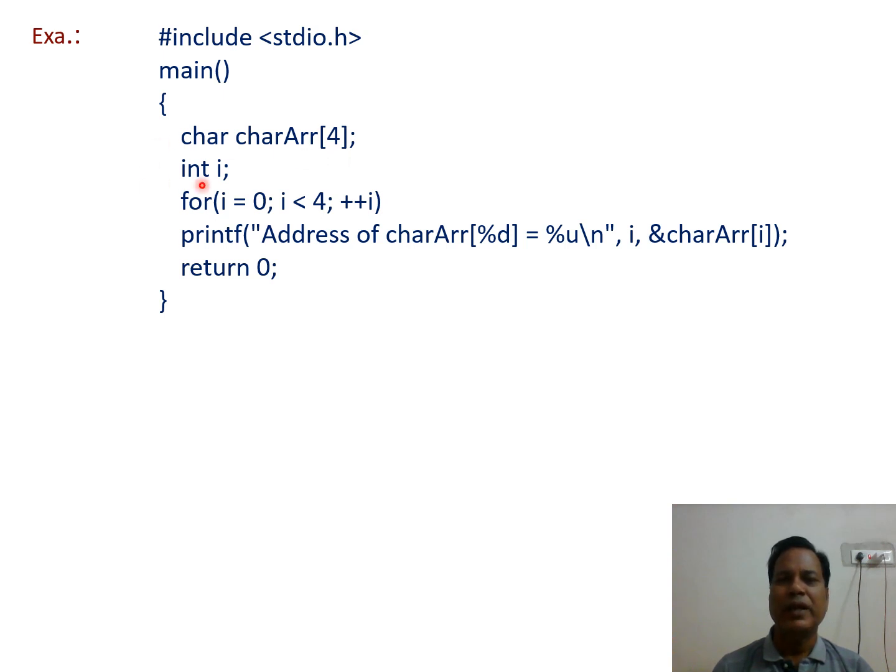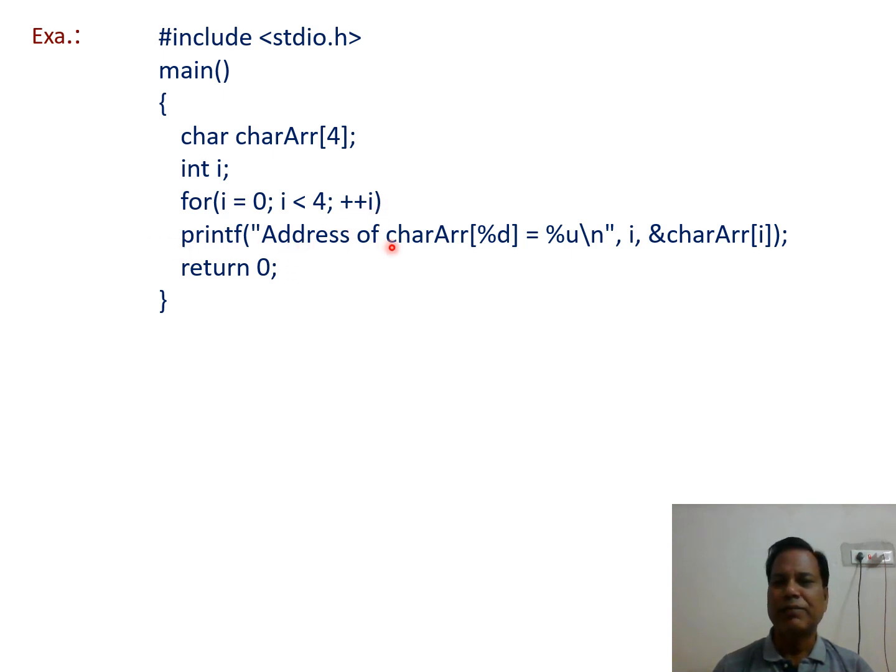Then int i semicolon declares the integer variable i. Then using the for looping statement, for i equal to 0 semicolon i less than 4 semicolon ++i.